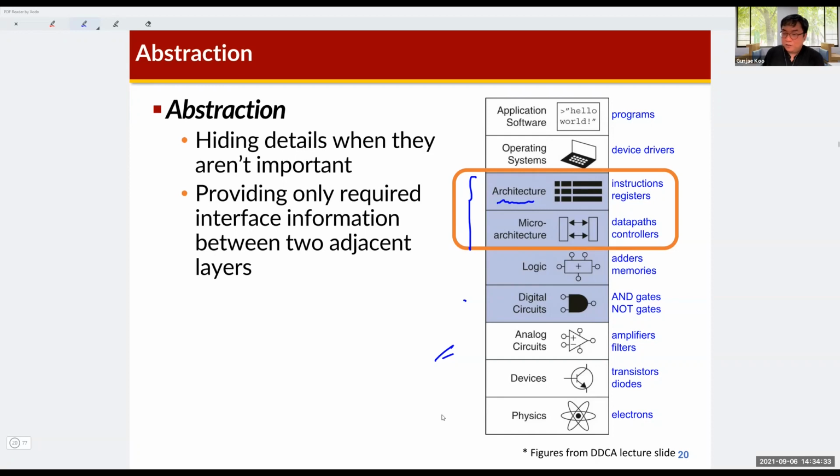Under this microarchitecture, there are many logic systems.